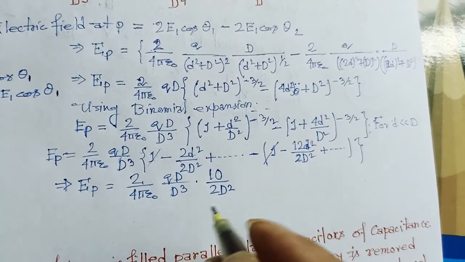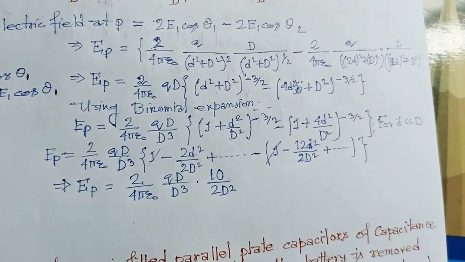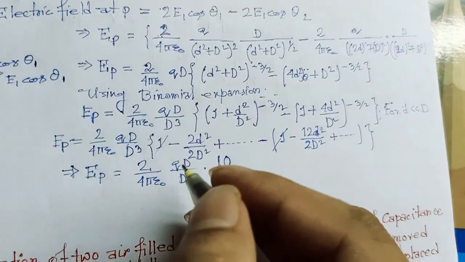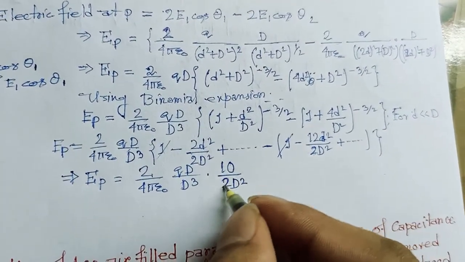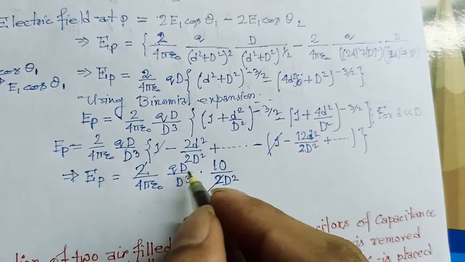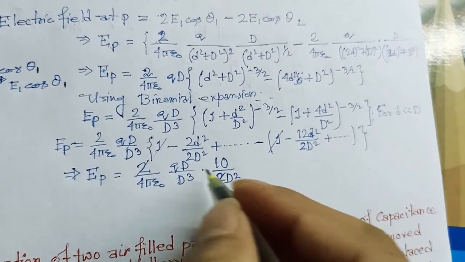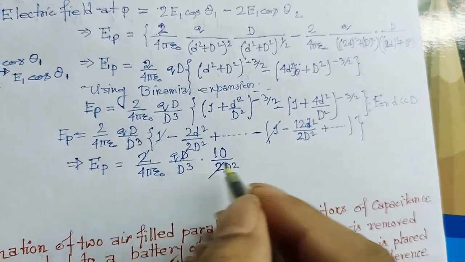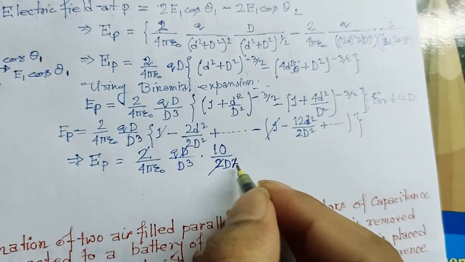So this value will be equal to, this 2 will get cancelled, and after cancelling we can write this d and the square of this d will get cancelled.